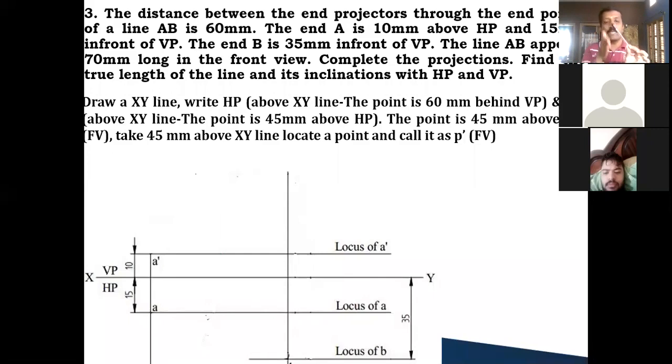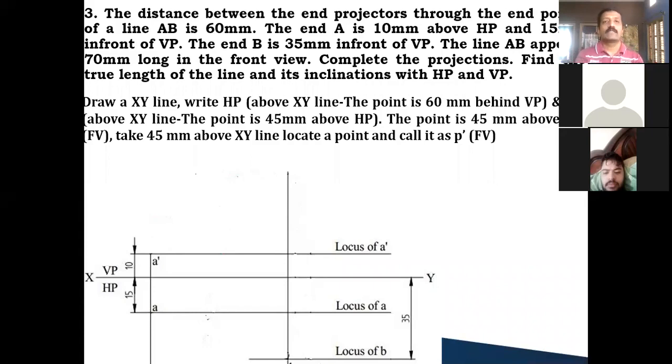That means this perpendicular distance between the points A and B is given. So from here to here, this perpendicular distance is given. That is the data he has given, it is 60 millimeter.